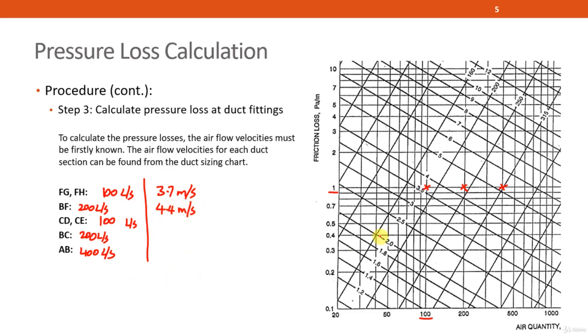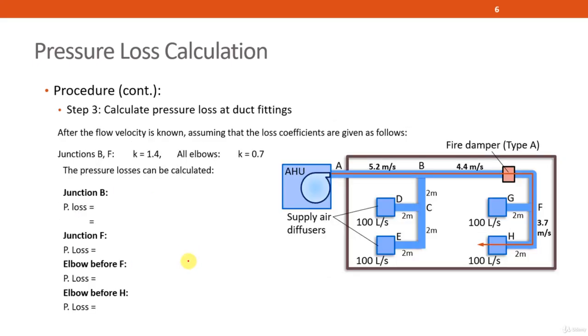And finally, AB, the main duct, is above 5 but below 6, so maybe around 5.2 meters per second. Once we have identified the air velocity, we can label it down here: 5.2, 4.4 and 3.7.